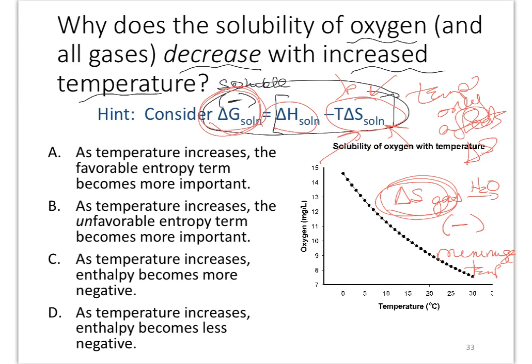If we make temperature low, then this whole unfavorable term becomes less important. So the correct answer is, as temperature increases, the unfavorable entropy term becomes more important, and therefore, as temperature increases, the solubility of a gas decreases.